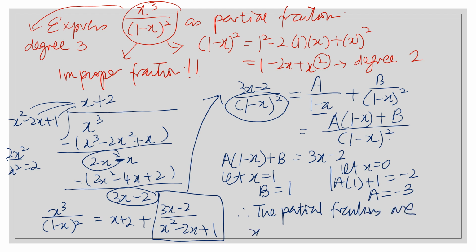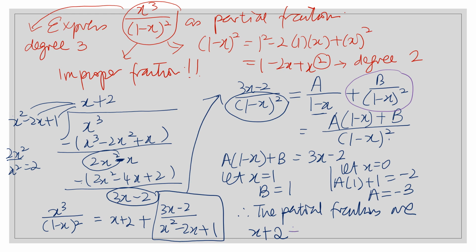x plus 2, which is the quotient we found earlier, and then a over 1 minus x, so a is negative 3. What I would advise is that it's more complicated when you have a negative first and then the positive. So instead of writing negative 3 over 1 minus x first, you write this one first because the value for b is positive.